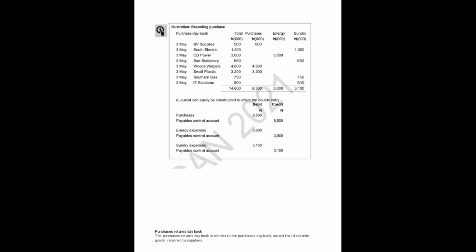So now the double entry will be debit purchases, credit payables control account. We also debit the expense, credit payables control account, debit sundry expenses and credit payables control account. As simple as that.